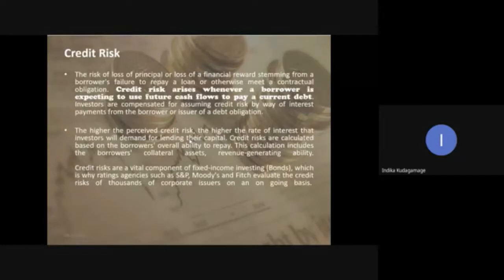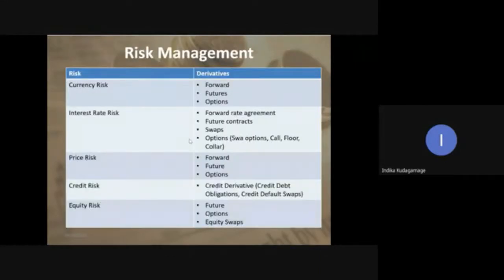Credit default swap is one of the highest selling derivatives, where if the customer defaults, you have to take over the portfolio, right? So will I get my money back if the customer does not pay? That is a derivative again.